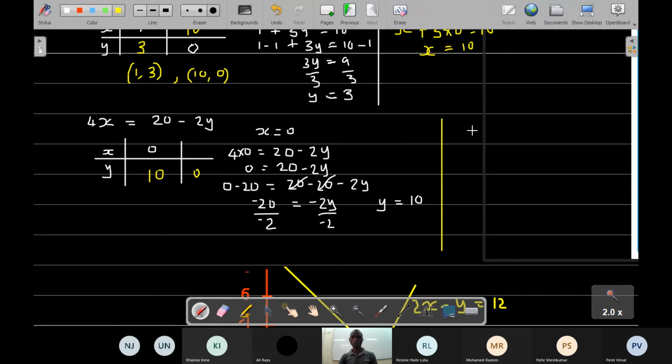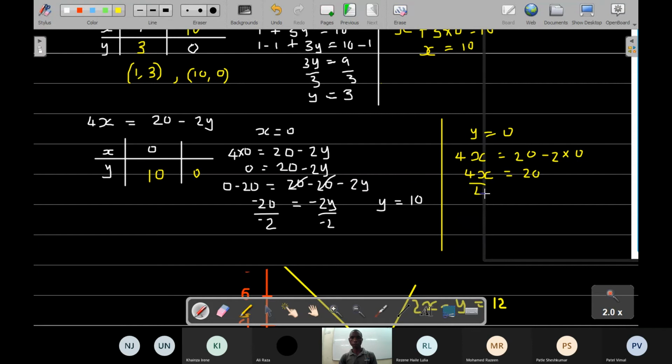We can also do this. When y is equal to 0, we substitute still there. It means that we are going to have 4x equals 20 minus 2 times 0. So on this side we have 4x, then on the opposite side we have 20, because 2 times 0 is 0.